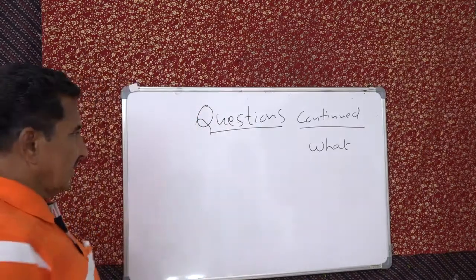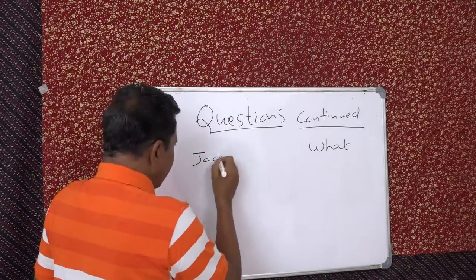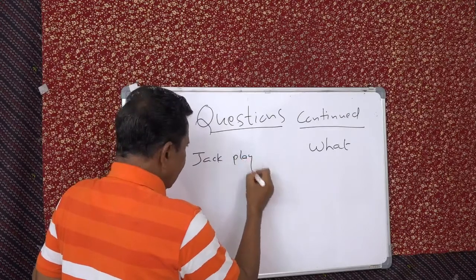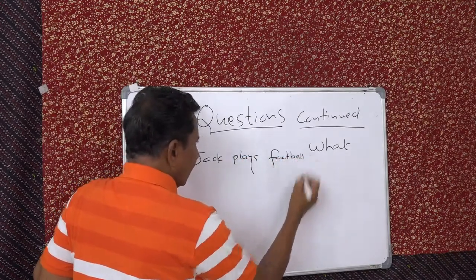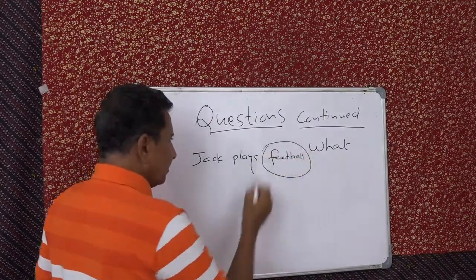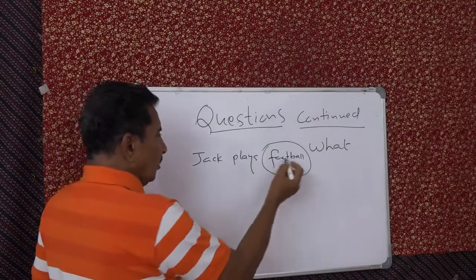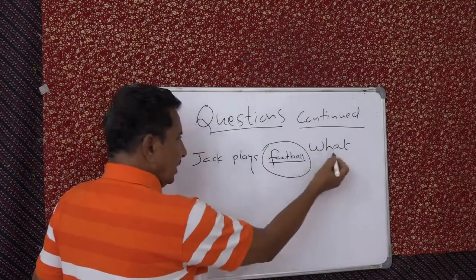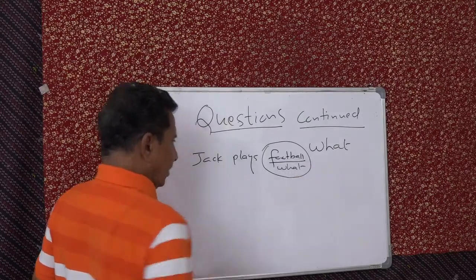Now let's look at this. Jack plays football. Okay, now you want to get football as the answer, not yes or no. So what will you do? You will replace this by a question word, that is what. In this case, what.